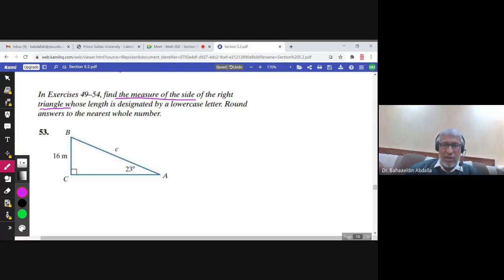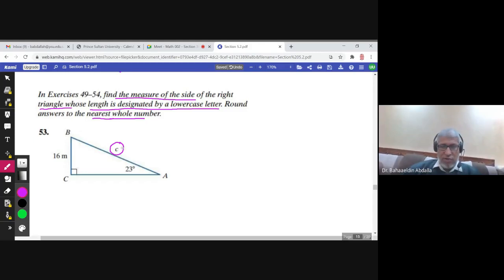This is a right triangle whose length is designated by a lowercase letter. So this is the lowercase letter C. So the question is find C. Round answers to the nearest whole number. Whole numbers are 1, 2, 3, 4, 5, 6. Okay, what do we need to find?